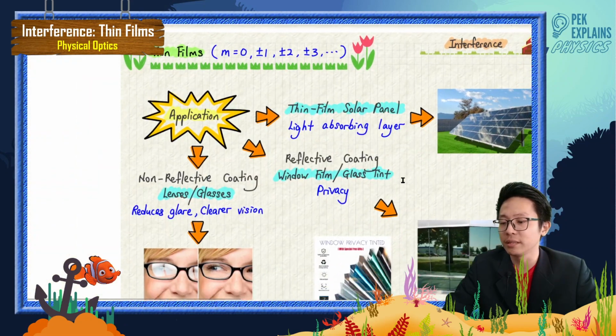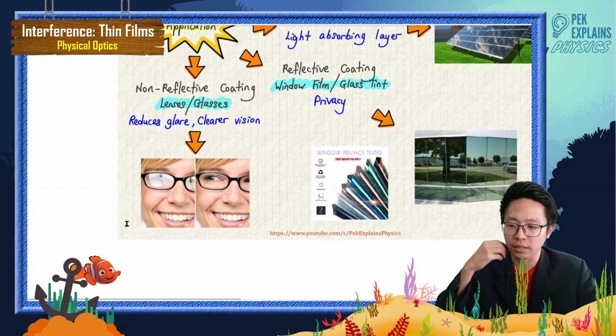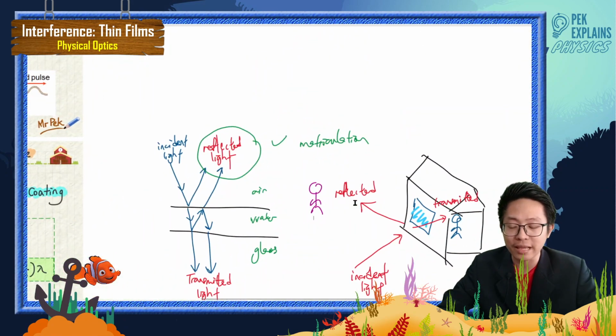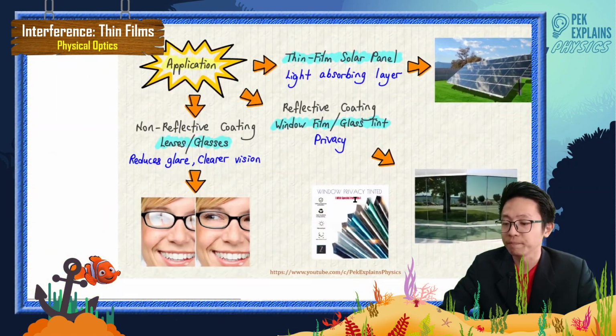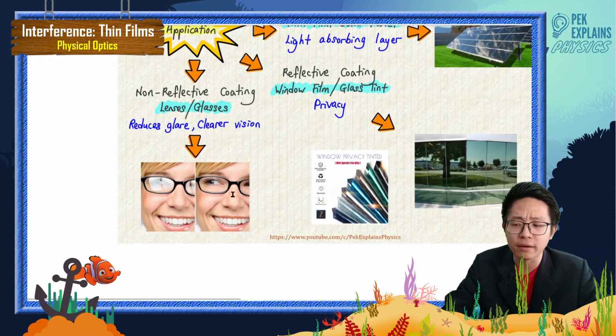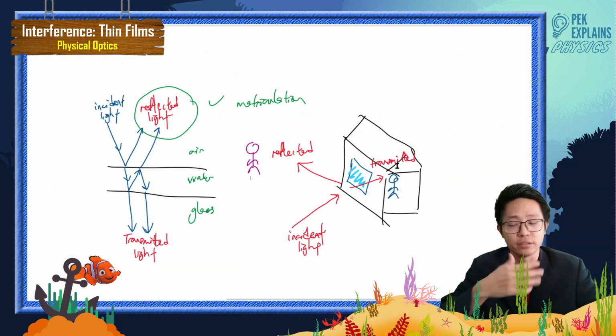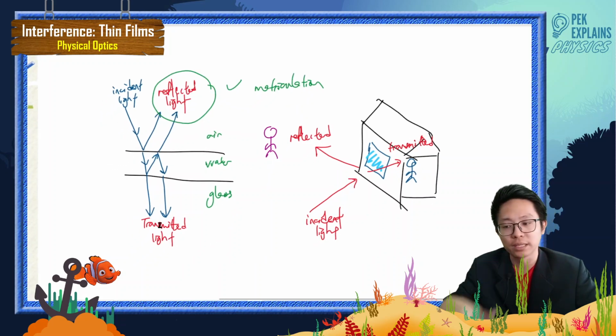So the third person looking at this woman, like me looking at this woman, I am the person looking at the reflected light. If the woman herself is looking through the lens, looking at the world through the lens, she is looking at the transmitted light. But in your matriculation, you don't need to learn about this transmitted light yet.